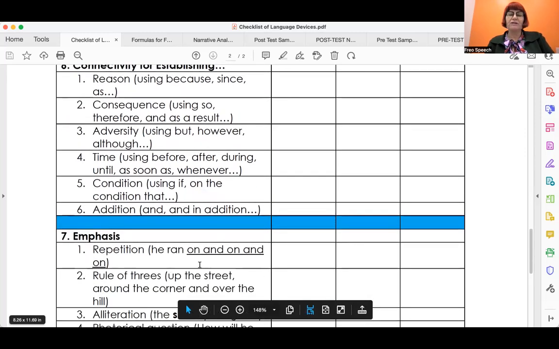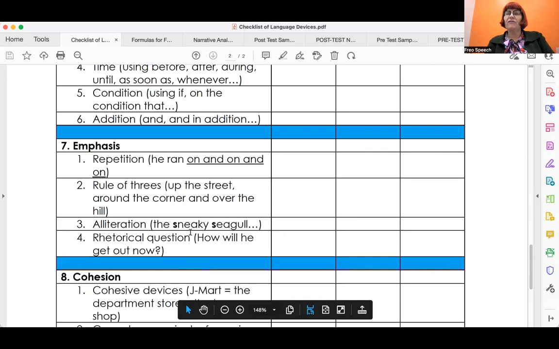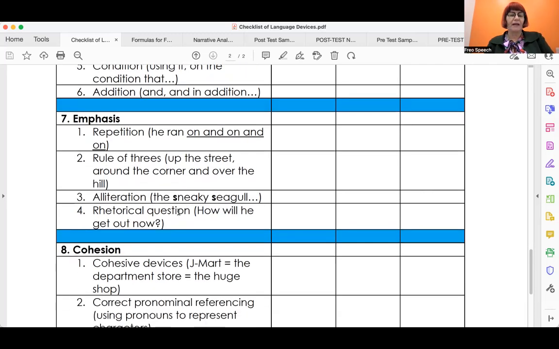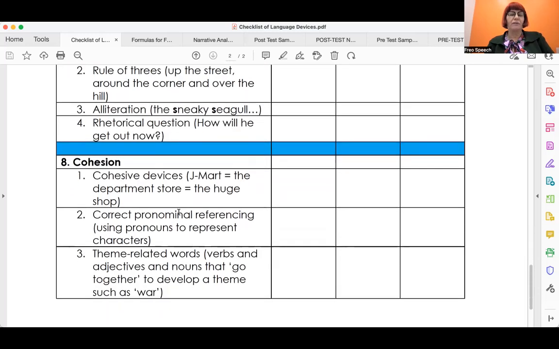Emphasis, because we can't add voice to the text that we write, we have to use things like repetition or rules of threes, alliteration or rhetorical questions to get our reader to attend to specific parts of the story. And finally, cohesion. So we've got to have words that go together, that make the characters flow through the story or the places flow.